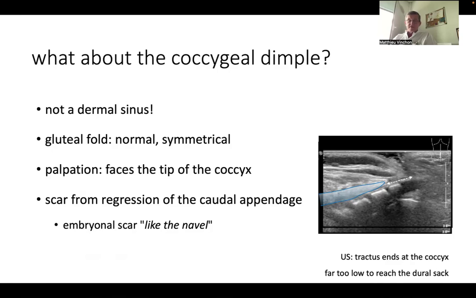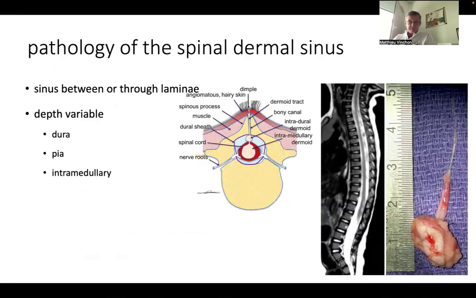And you have to convince the family that the coccygeal dimple is just a scar from the embryogenesis and the regression of the caudal appendage. It's a scar in the same manner as the navel on the other side of the anatomy.